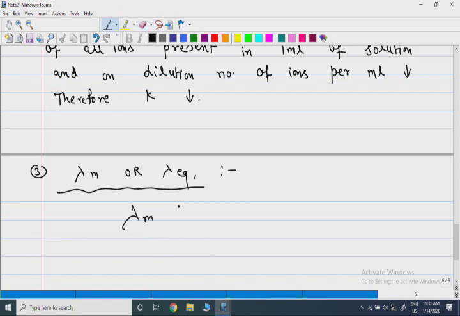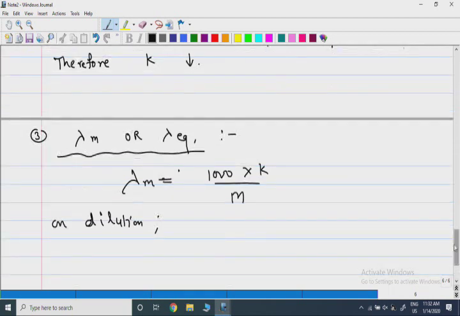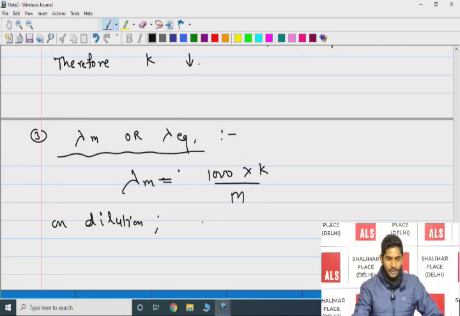For lambda m, the formula was 1000 into kappa divided by M. On dilution, there are two terms involved. First one is the molarity. On dilution, volume will increase. Molarity is moles by volume, which is inversely proportional, therefore M should decrease.